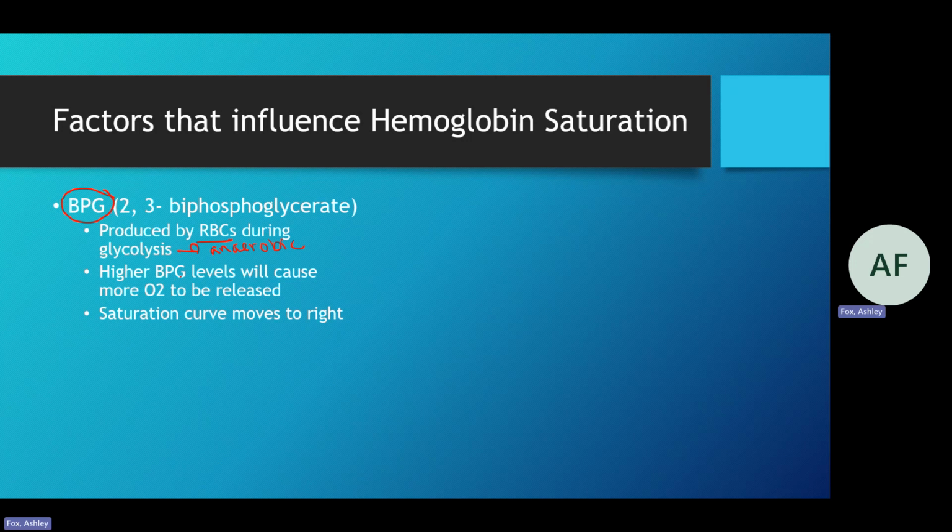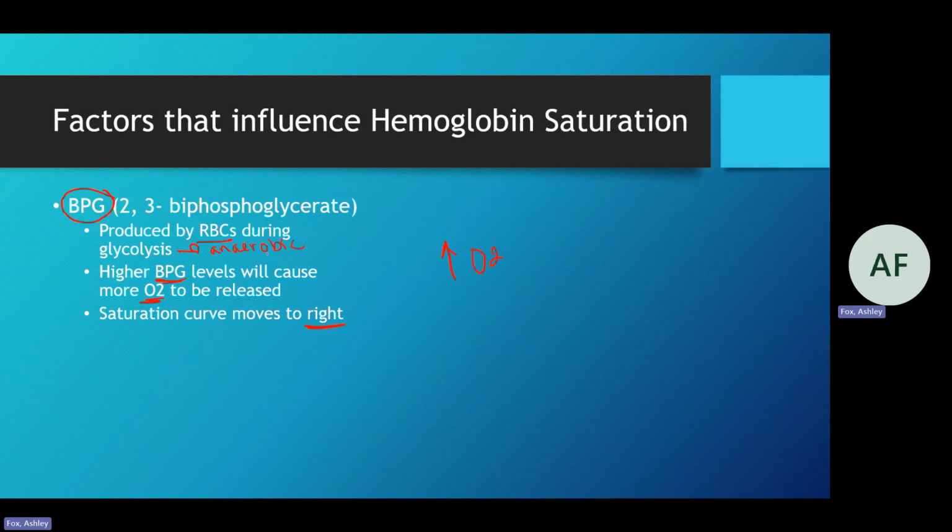Higher levels of BPG cause more oxygen to be released as well. So if you are increasing oxygen release, then you're shifting the curve to the right again.